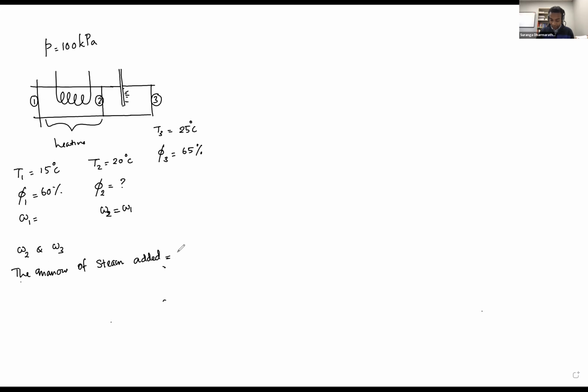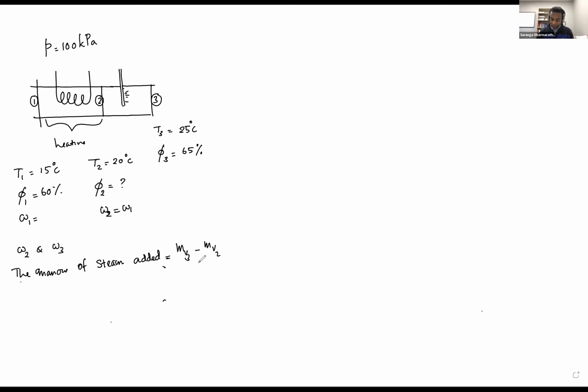So the amount of steam added is equal to mv3 minus mv2, where v is a subscript: the mass of vapor at 3 minus the mass of vapor at 2.